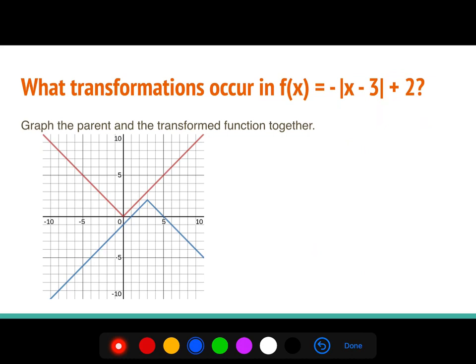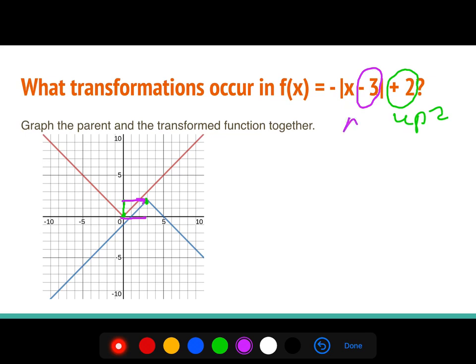Ooh, what happened to this guy? Well, we're going to start at one end. It looks like we have a +2 at the end. So we already know that means something about this went up 2. Oh, look, he did go up 2. Now he's moved, but he did go up 2. Then we know the -3 inside said something about right 3.